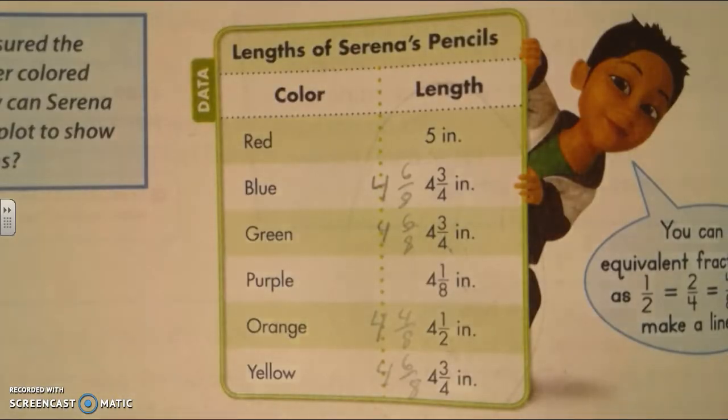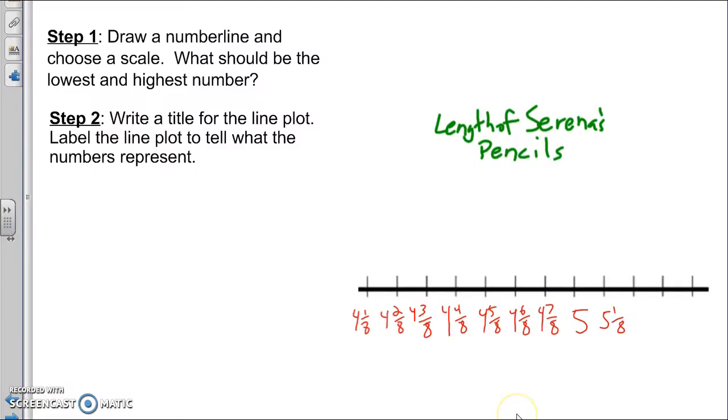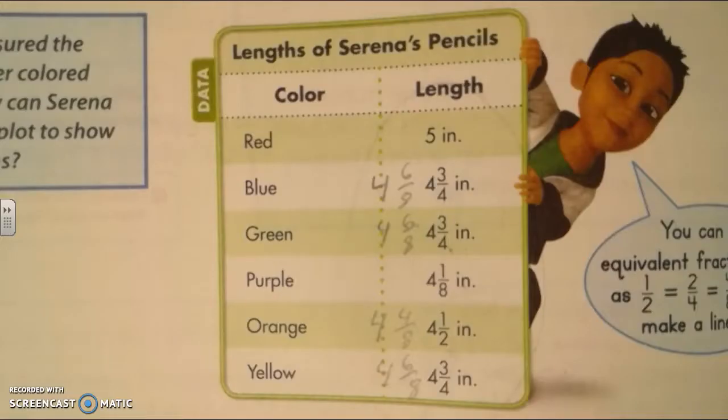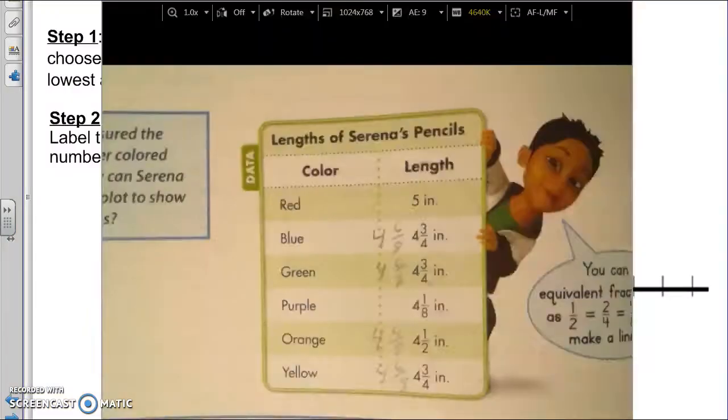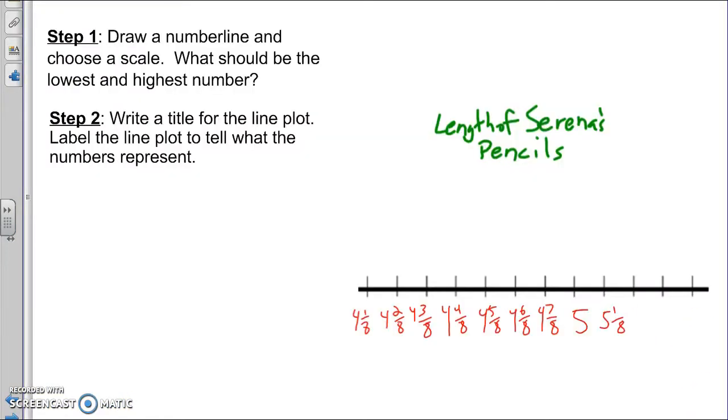You can see this chart is all about the length of Serena's pencils, so that's going to make a really good title for our line plot. And the numbers on the data all represent inches, so I'm going to use that for the label of the numbers.